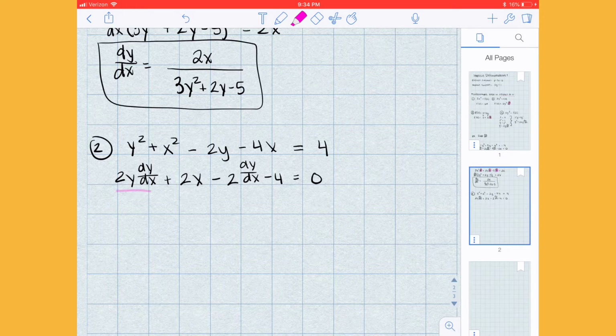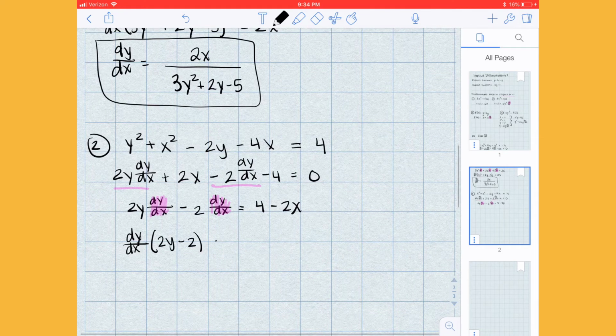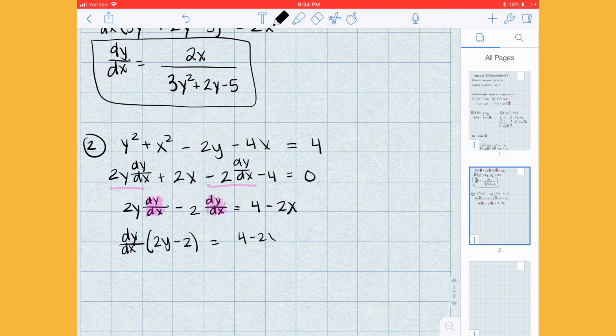I notice that this term and this term both have a dy dx, so I'm going to keep those on the left. And I'm going to move over all of the other terms, so positive 4 and minus 2x. I'm then going to take out my GCF of dy over dx, and that's left with 2y minus 2 is equal to 4 minus 2x.